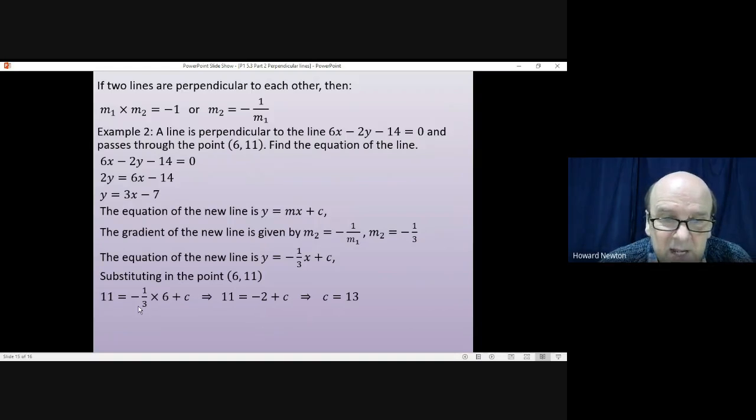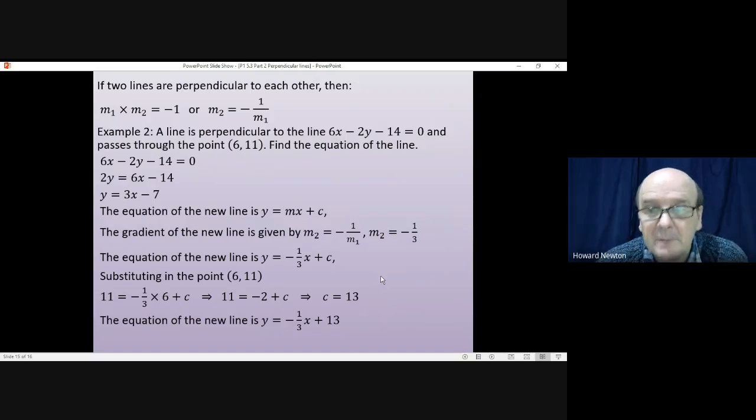And that will give us 11 is equal to minus a third times by 6 plus c. Minus a third times 6 is minus 2. And then adding 2 to both sides gives us c must equal 13. Now we know the equation of the line we've been asked to find. And the equation will be y equals minus a third x plus 13.